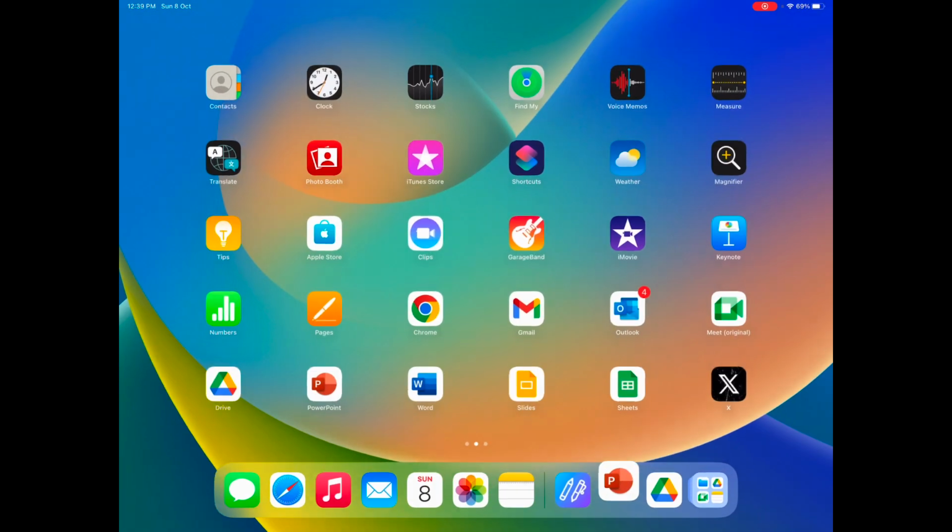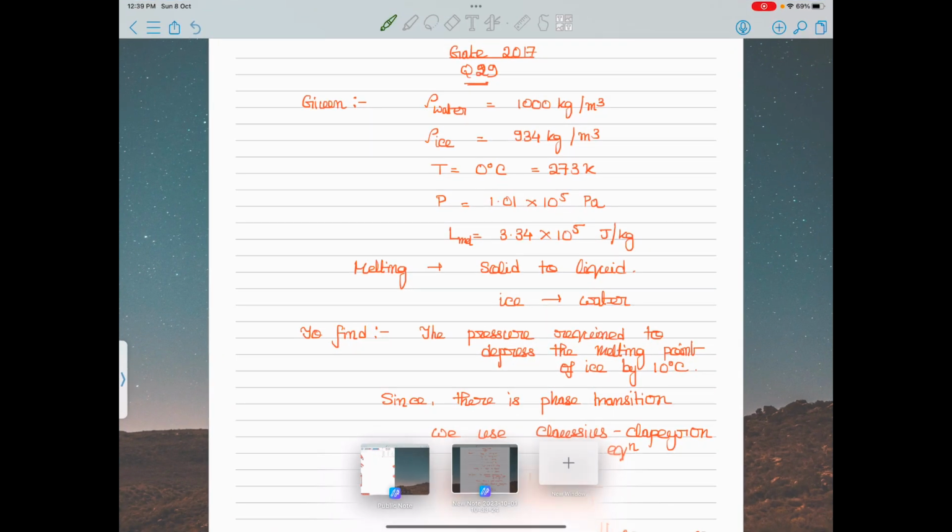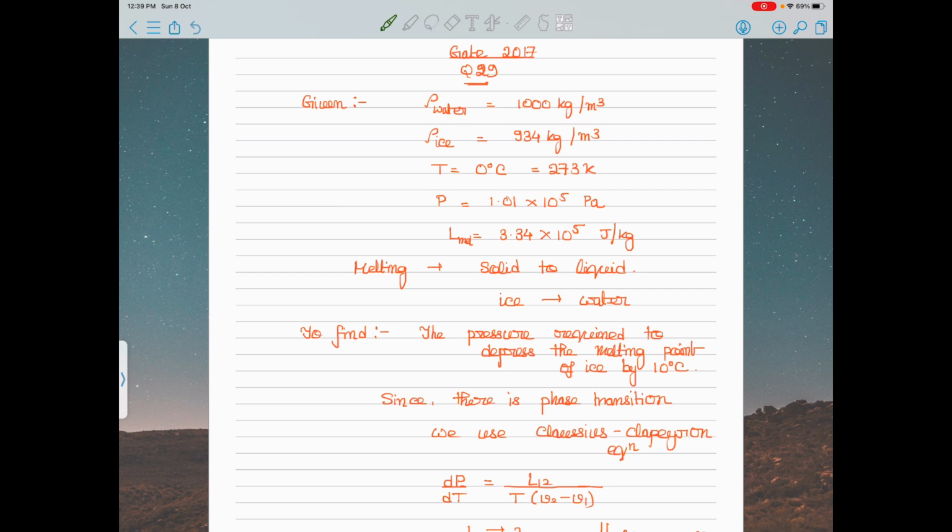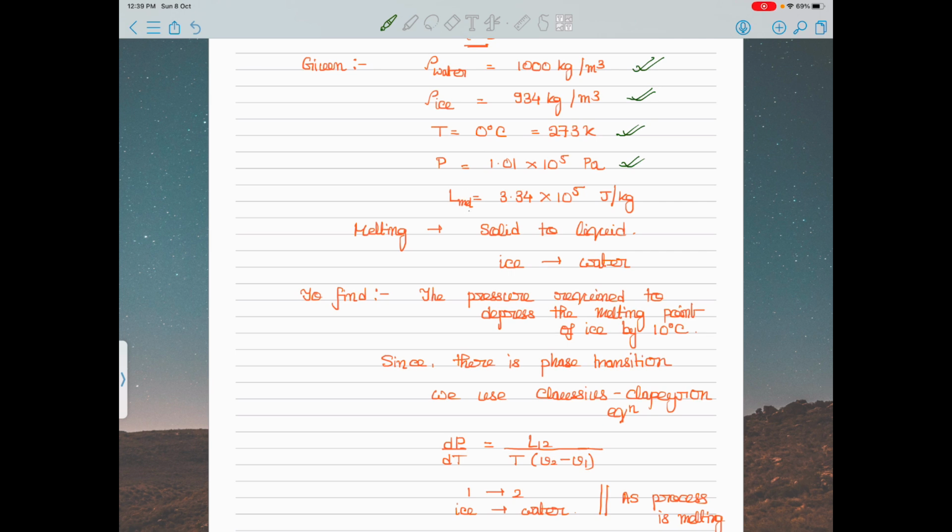So we can see that this is something related to phase transitions. The given conditions are: rho of water is given, rho of ice is given, T, the temperature, is 273 Kelvin, pressure is the atmospheric pressure, and latent heat of fusion, which is nothing but latent heat of melting, is plus 3.34 into 10 to the power 5 joules per kg.